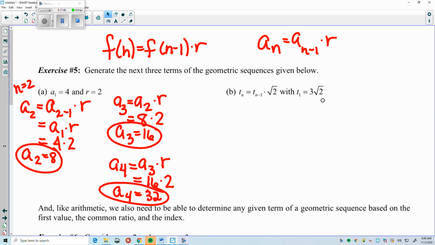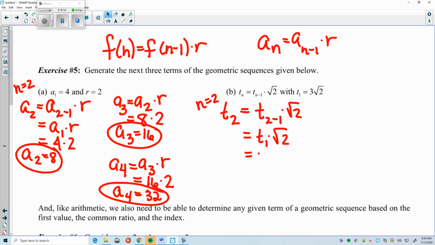Okay. So our first term is 3 times the square root of 2. Keep in mind, I now need my second term, so I need to find the term before. Again, I'm thinking to myself, n here is 2. So that would get me 2 minus 1 times the square root of 2. That means t sub 2 is t sub 1, the term before, times the square root of 2.